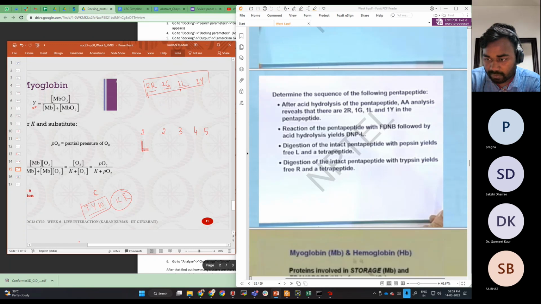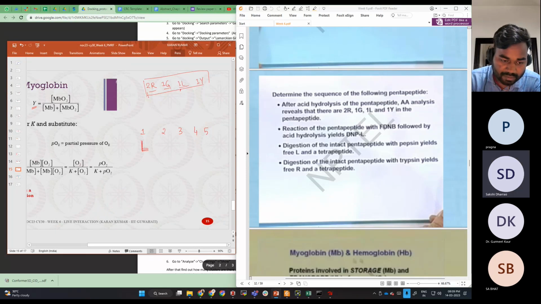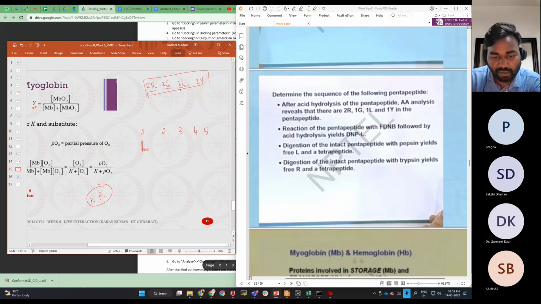Bulky group. Where does the trypsin digest? At lysine and arginine. Yes, K and R. Not on tryptophan, tyrosine, and that is the nature of chymotrypsin. Right? If I am telling an incorrect statement, you should correct me.